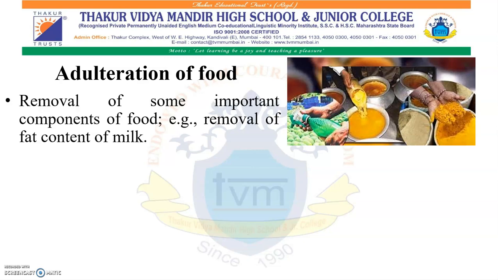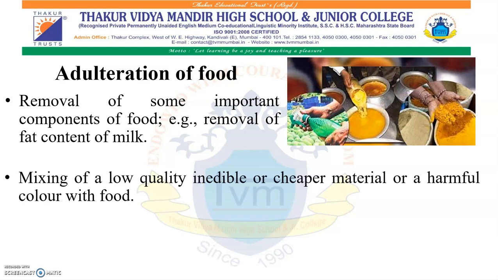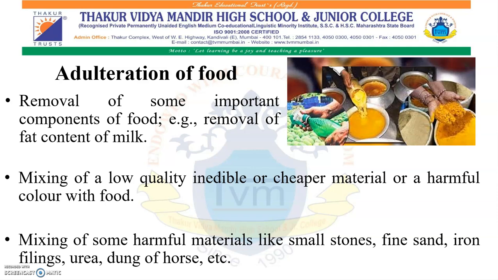Removal of some important components of food, for example, removal of fat content of milk. Mixing of low quality, inedible or cheaper material or a harmful color with food. Mixing of some harmful materials like small stones, fine sand, iron filings, urea, dung of horse, etc.